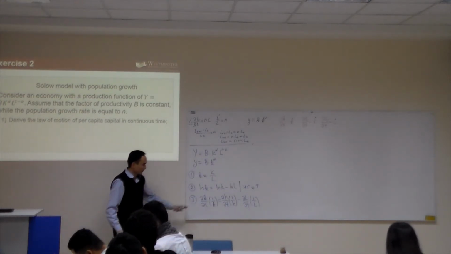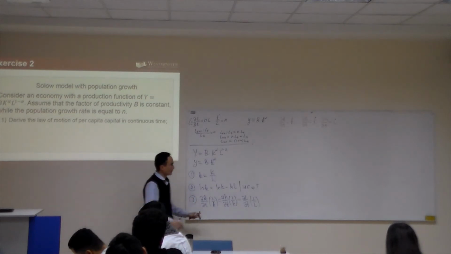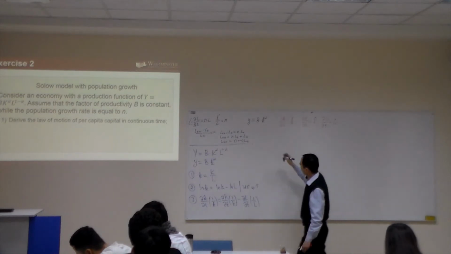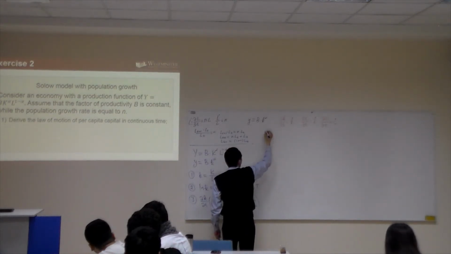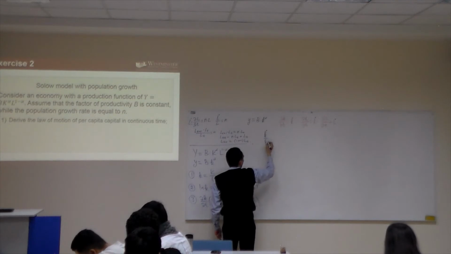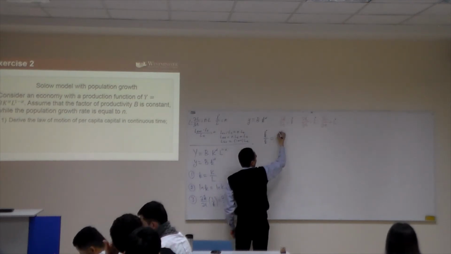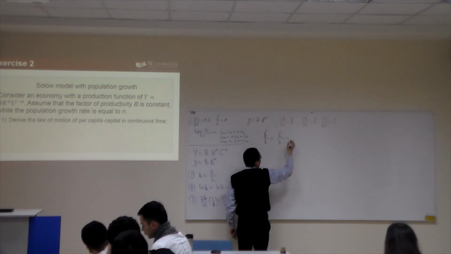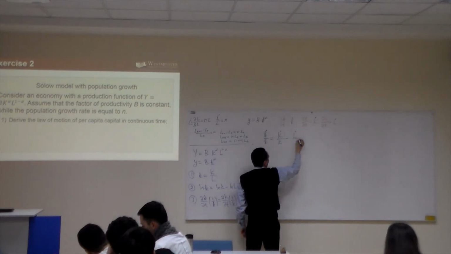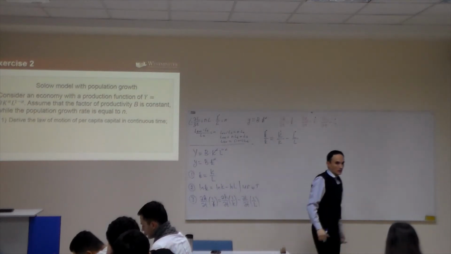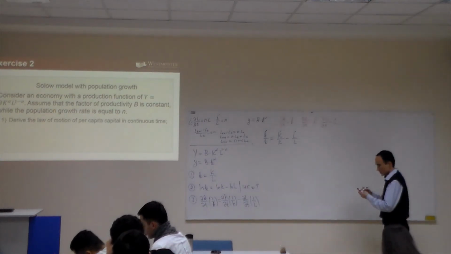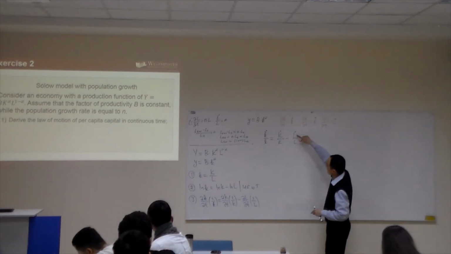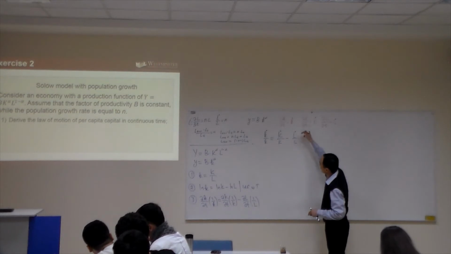Again, in order not to write it many times, let's give them these symbols, as we did earlier. So now, the change in per capita capital over per capita capital is equal to the change in capital stock over capital stock minus the change in labor over labor. We discussed that if our population is growing, what is the change in labor over labor equal to?